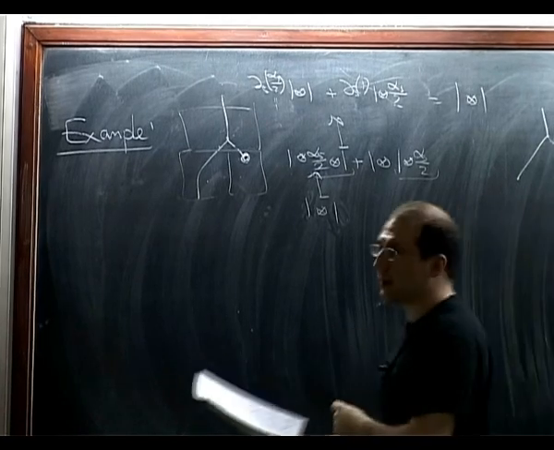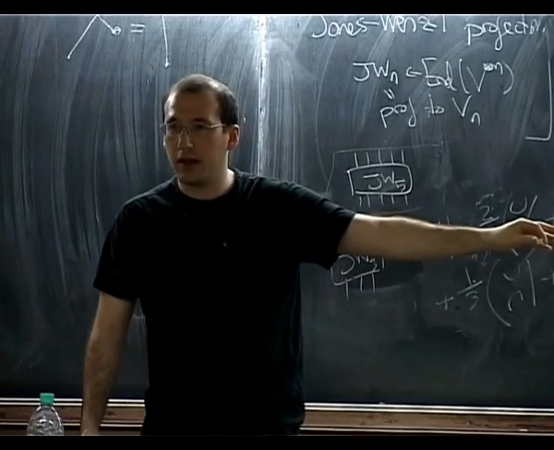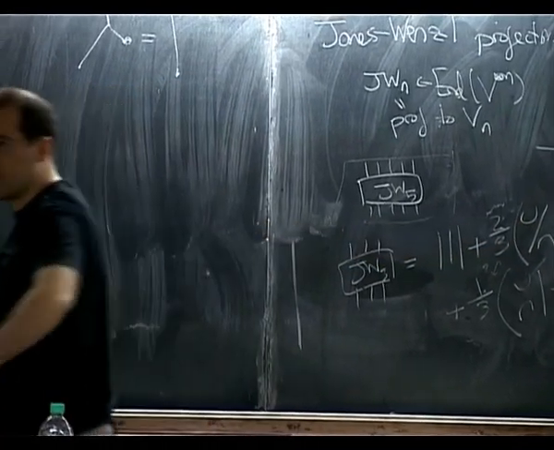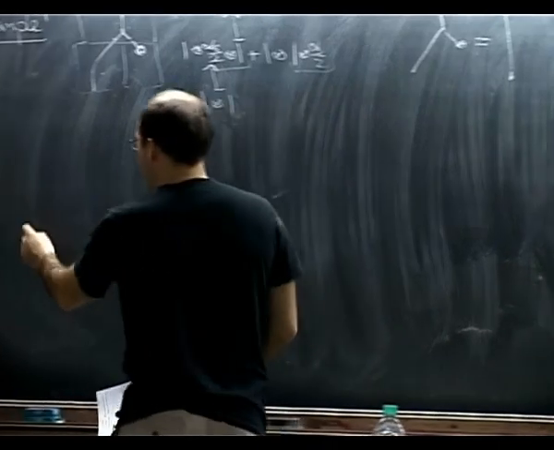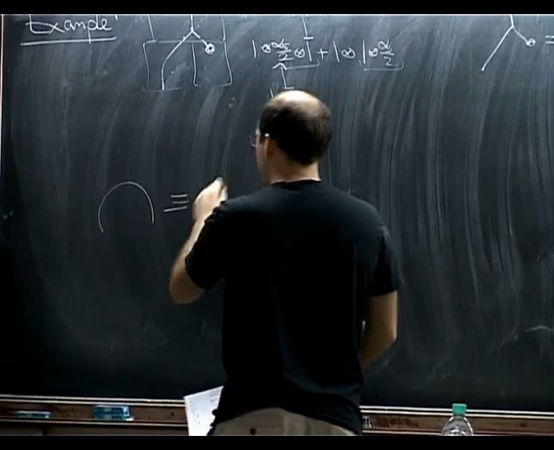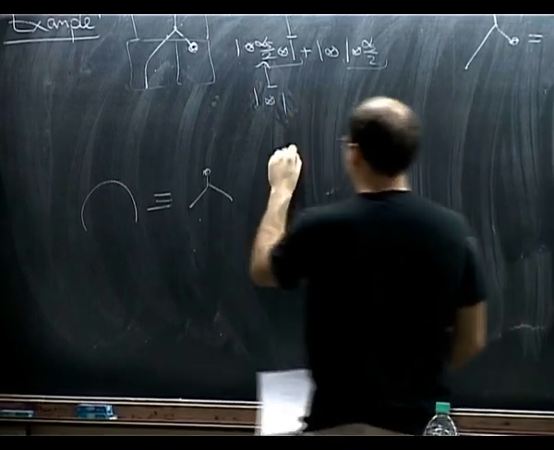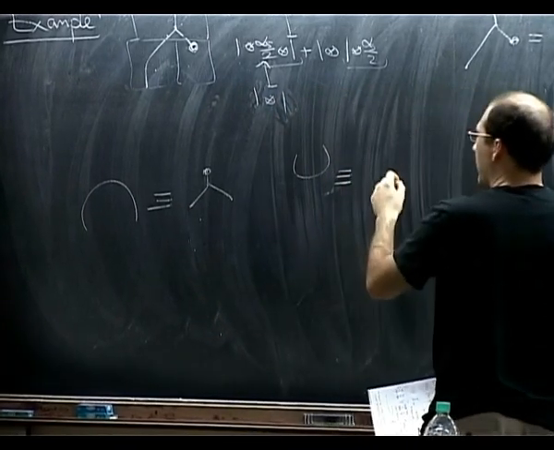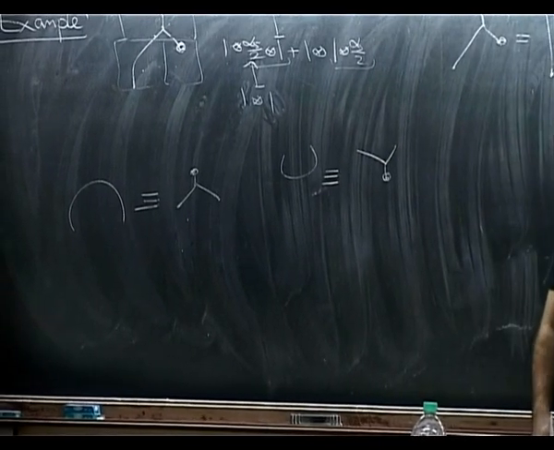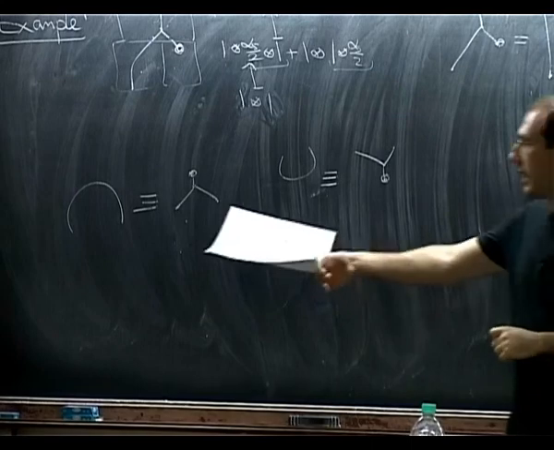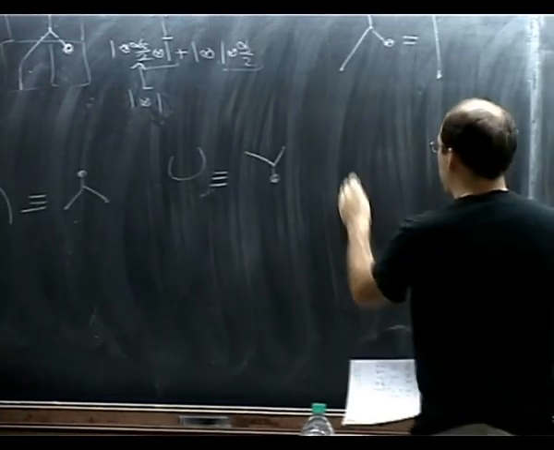So you notice that I haven't actually defined any cups or caps yet. So where is this biadjunction going to come into play? Well, here it is. I define the cup this way and the cap this way, and for this to be a biadjunction, you want a relation like this.